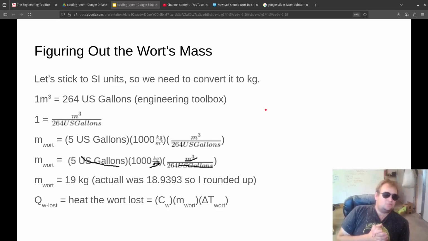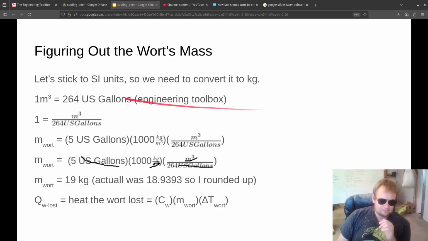So first, we will figure out the wort's mass. We're going to stick to SI units, so we need to convert it to kilograms. So this I got from the engineering toolbox. 1 meter cubed equals 264 US gallons.